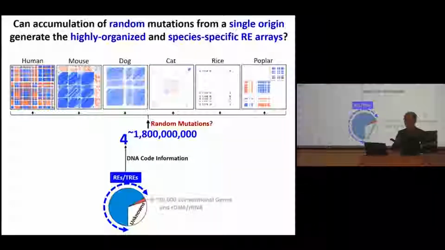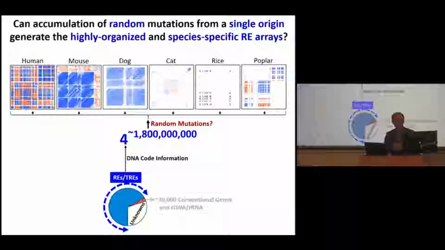We were not able to analyze dogs, cats, rice, and poplar tree in depth, because even though they claimed to have done whole genome sequencing, they did not do the non-gene areas that well, so we couldn't find many. But the mouse and human sequences are relatively well done, so we were able to do an in-depth study.